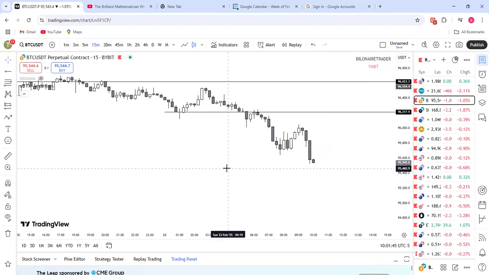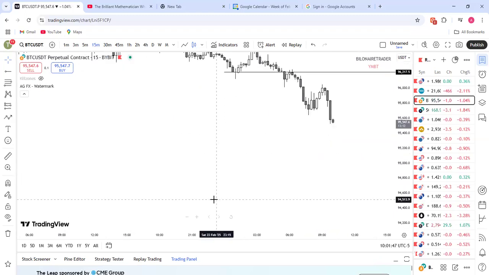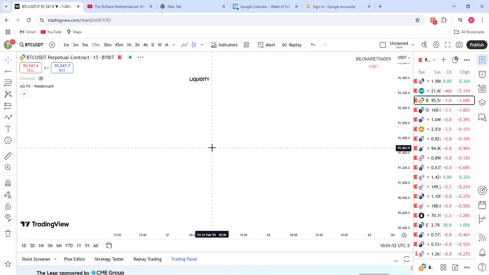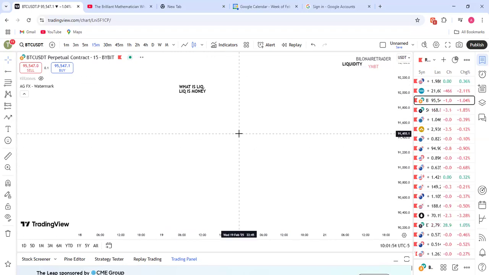So this pump of money into the market is what we call liquidity. Liquidity simply means money.